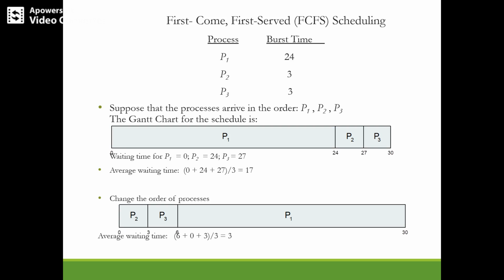The average waiting time is 0 plus 3 plus 6 by 3, that is 9 by 3, which is 3 milliseconds, if we reverse the order of process arrival, that is, if we give P2, P3 and P1.